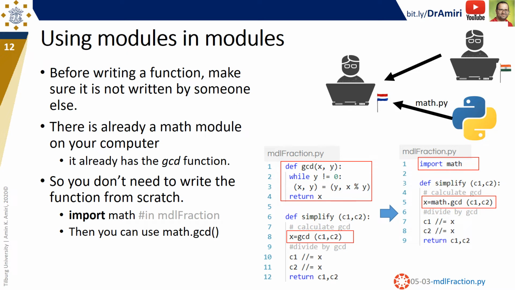So as you can see here, we are going to have three layers of coders: the American coder who is the front-end programmer, and the Dutch programmer who is supporting the American programmer. The Dutch programmer is the back-end programmer. The Indian programmer is also a back-end programmer, and he creates a module that is used by the Dutch programmer.